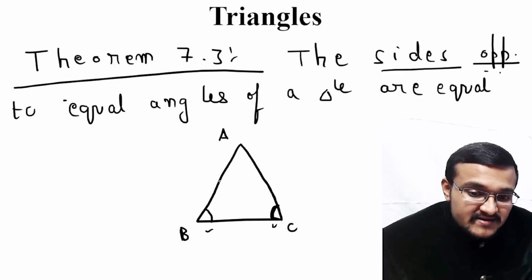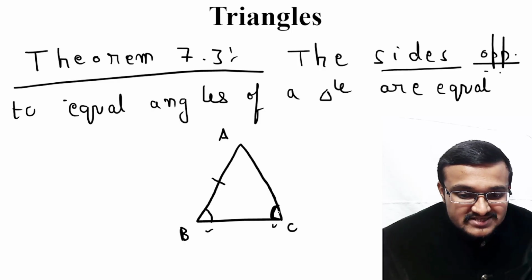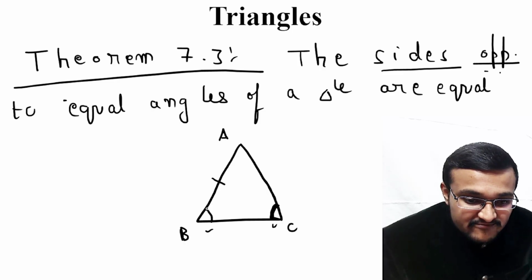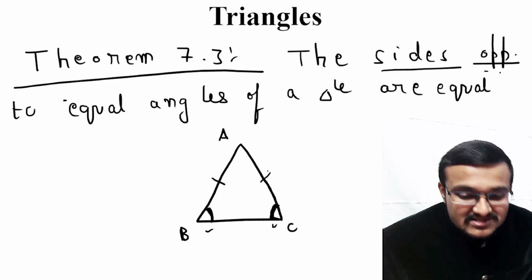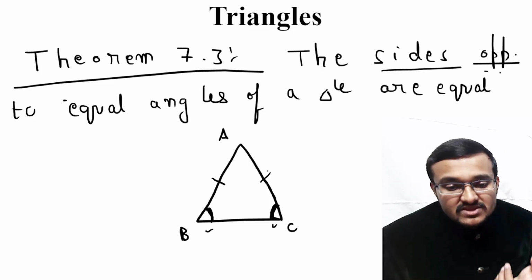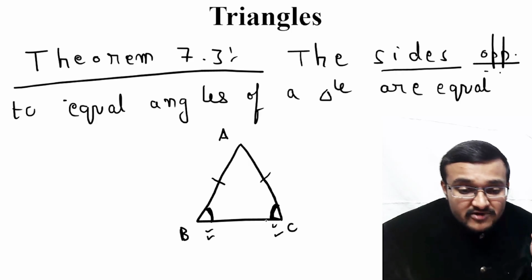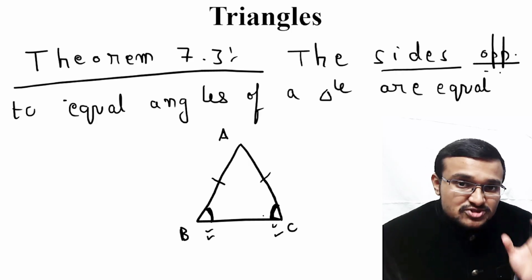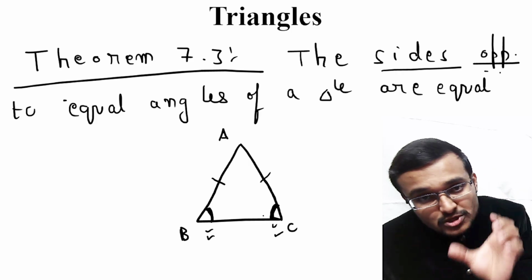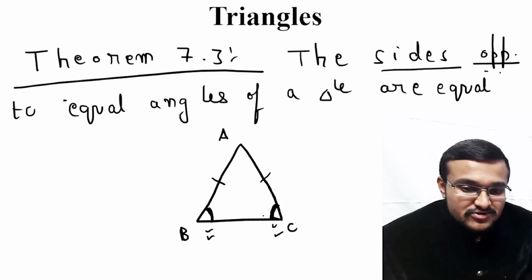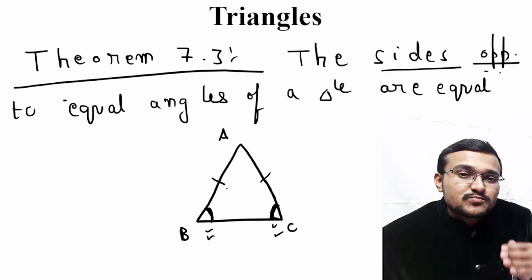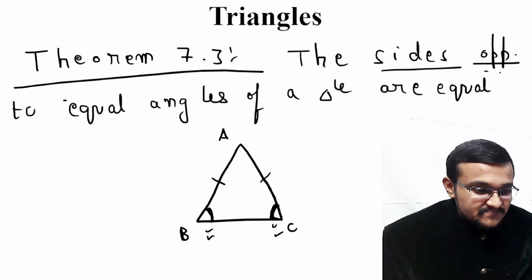Which is the opposite side? This AB is the opposite side of this particular angle, and for angle ABC, AC is the opposite side. So if you are considering opposite sides of these two equal angles, then those opposite sides should be equal to each other. So that means here you have to prove AB is equal to AC.